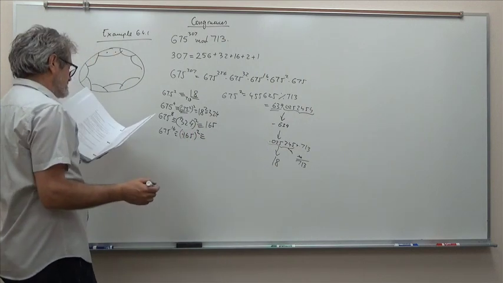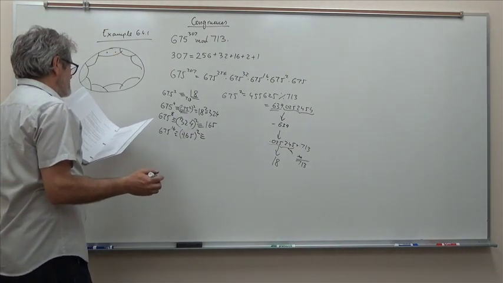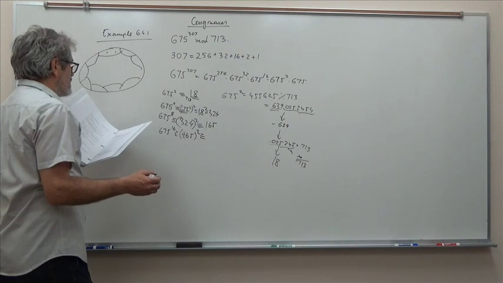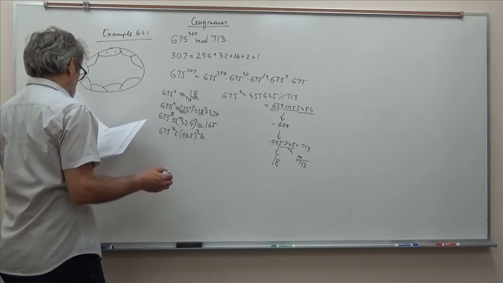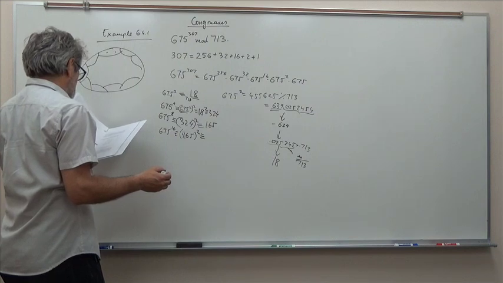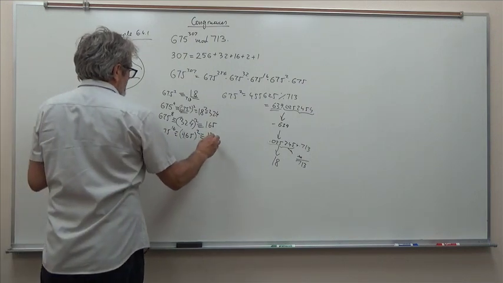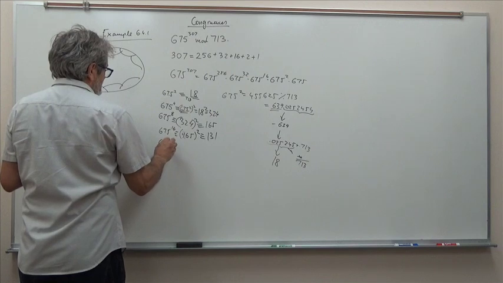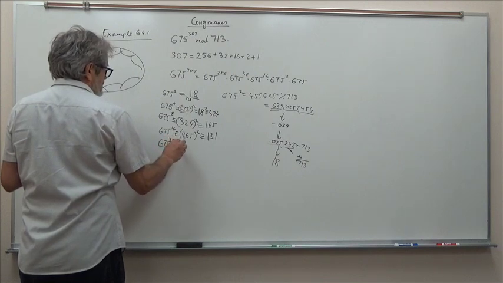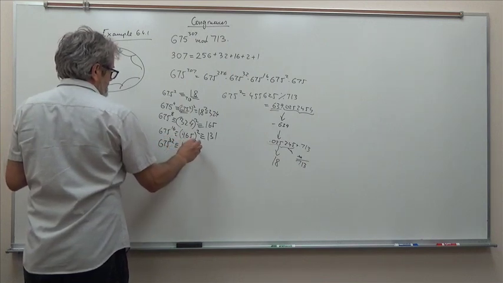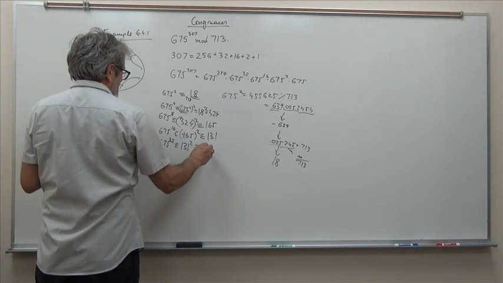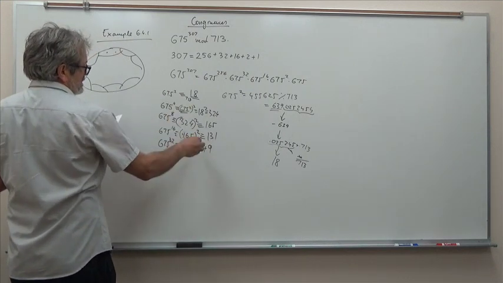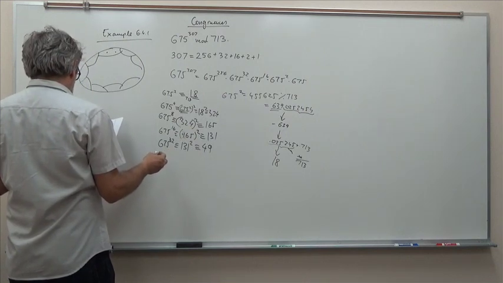That's where base 2 comes in. So 675 to the 16 would be 165 squared, and that's 131. Then 675 to the 32 would be 131 squared, and that's congruent to 49. I'm not writing the modulus, we all know that it's 713.